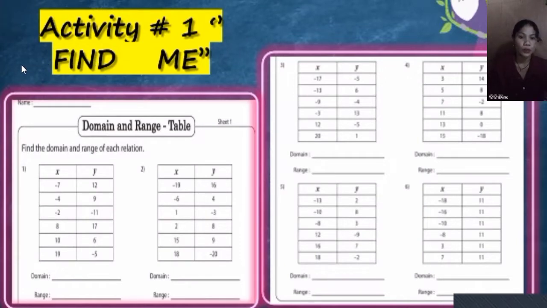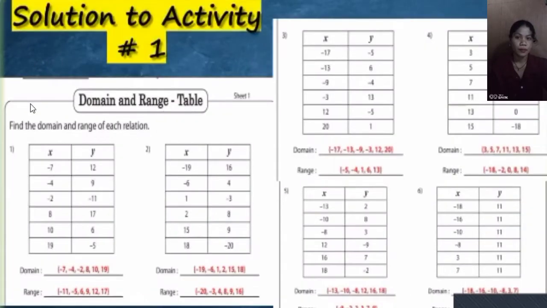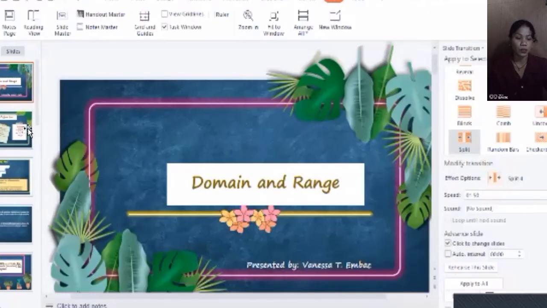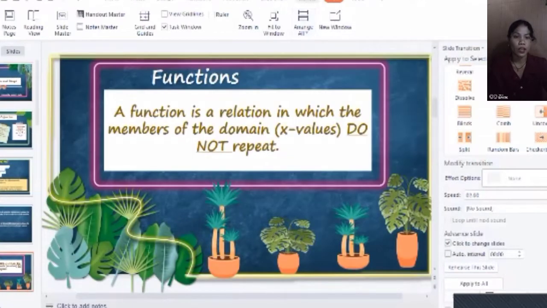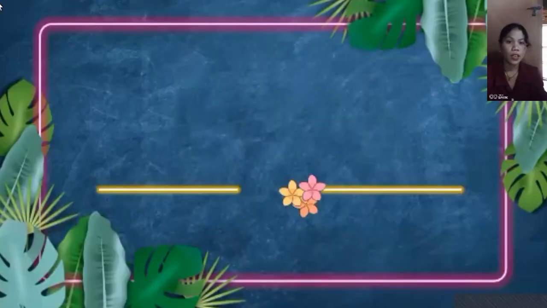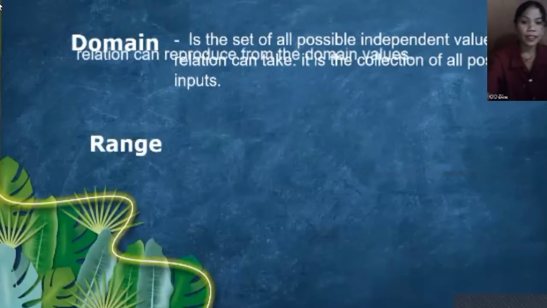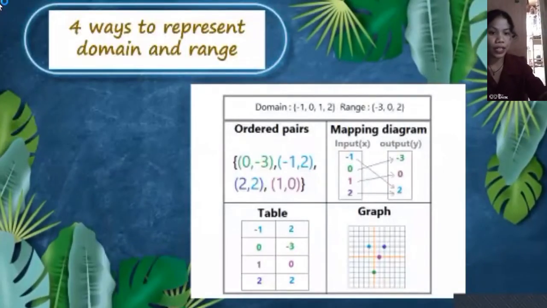You are going to find the domain and range of each relation. It contains 6 items. Finished or not finished, please send your answer to Google Classroom. And now you are going to discuss the solution to this activity. Find the domain and the range.